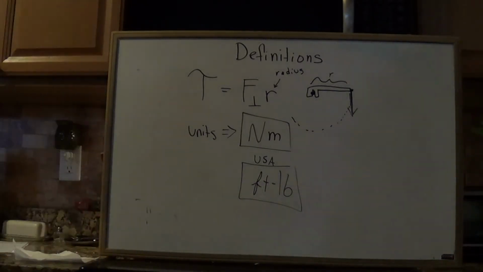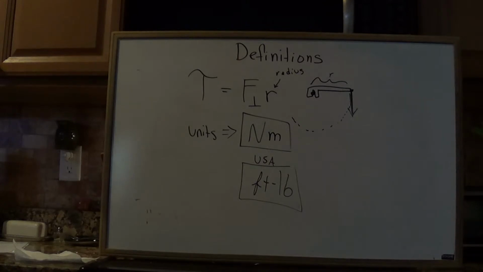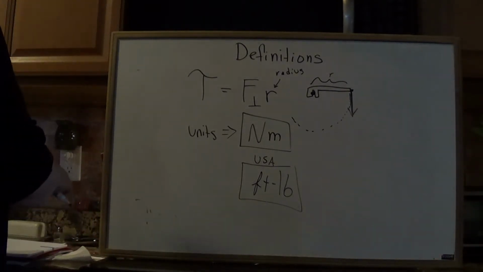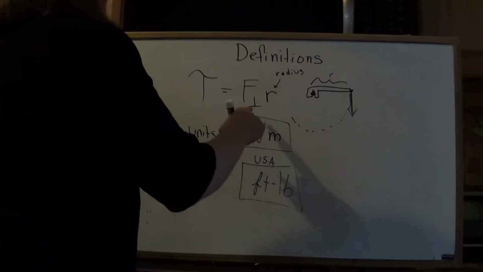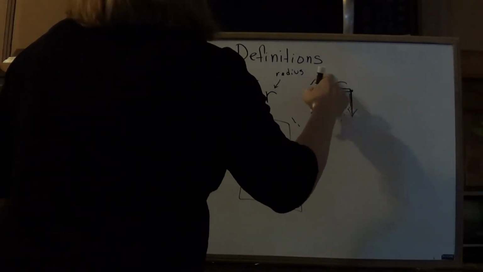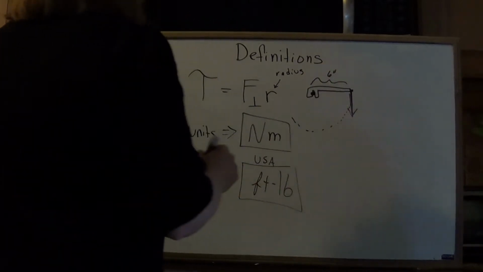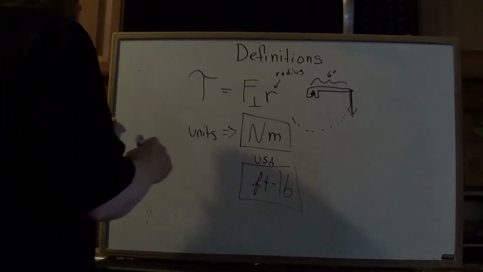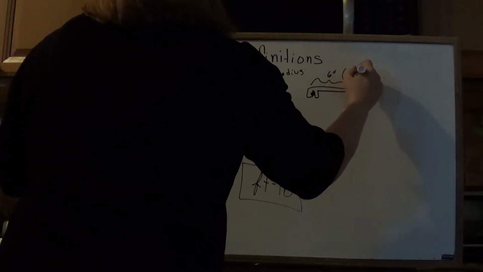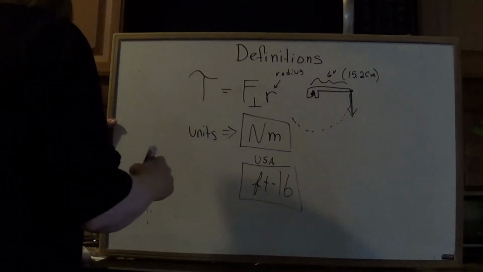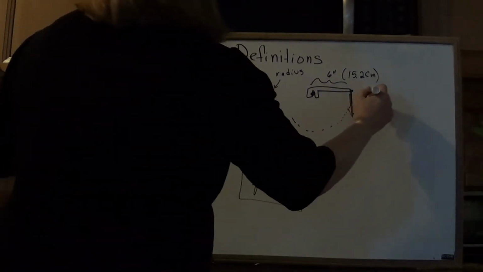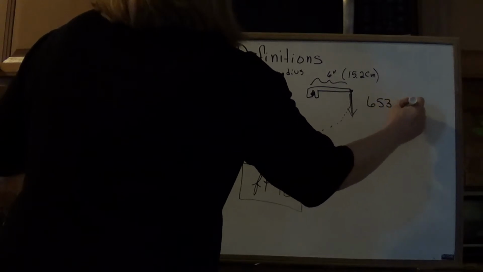All right. In addition, we covered a new term called rotational equilibrium. But before I get to that, let me do one more thing with the wrench. Because we have a wrench, let's say our wrench is 6 inches long. That means it's the same as 15.2 centimeters long. And suppose that the force I apply is 653 newtons.